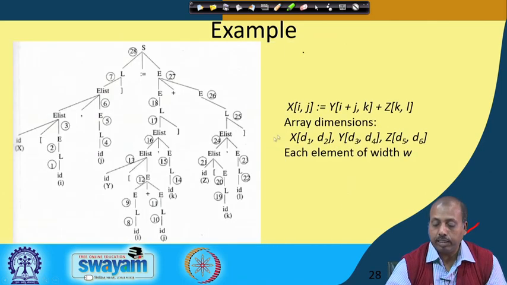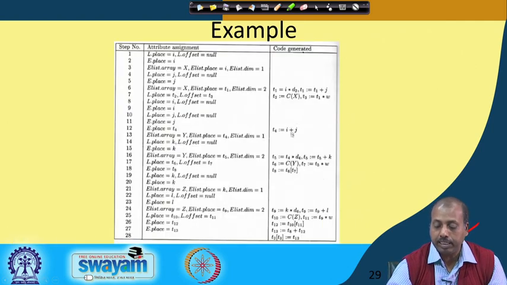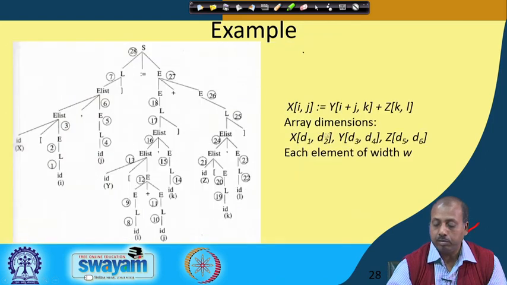Now, for the next part, Y i plus j k. In T4 it is computing I plus j, then that is multiplied by the dimension of the second array, that is D4, in the second index. Then T5 equal to T5 plus k.